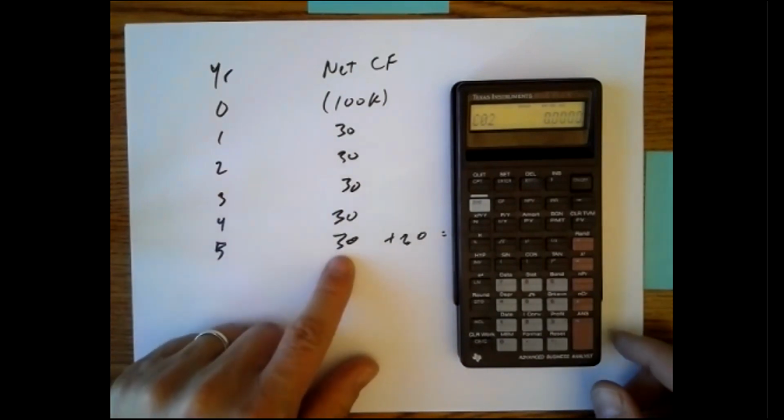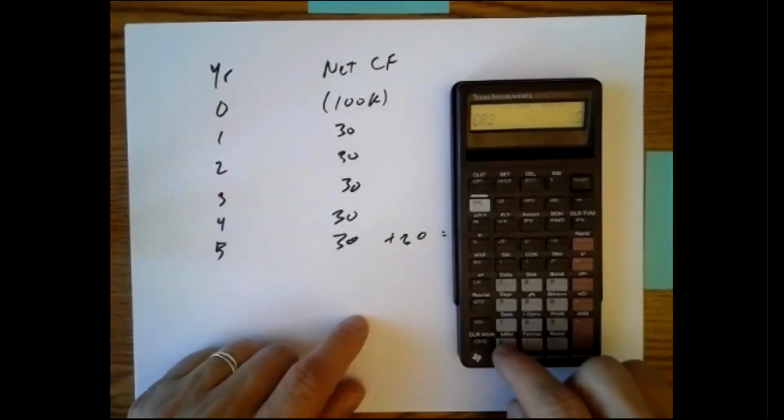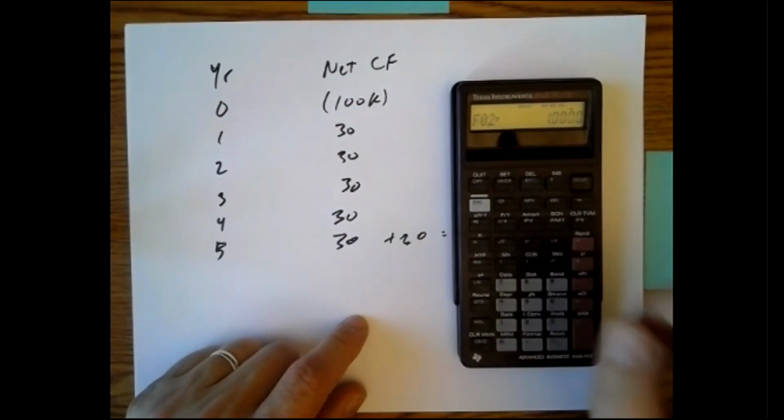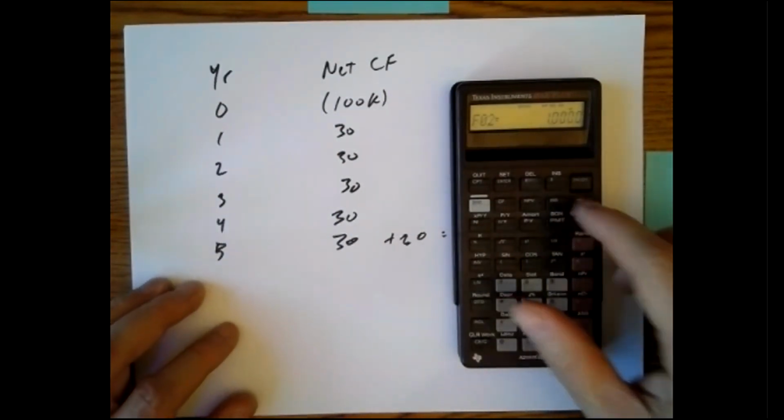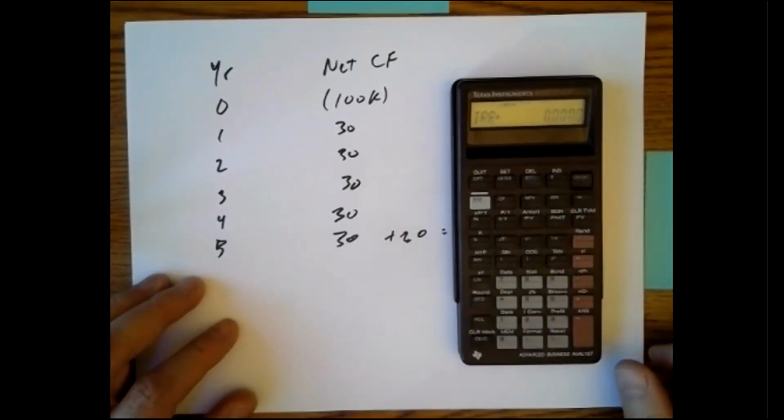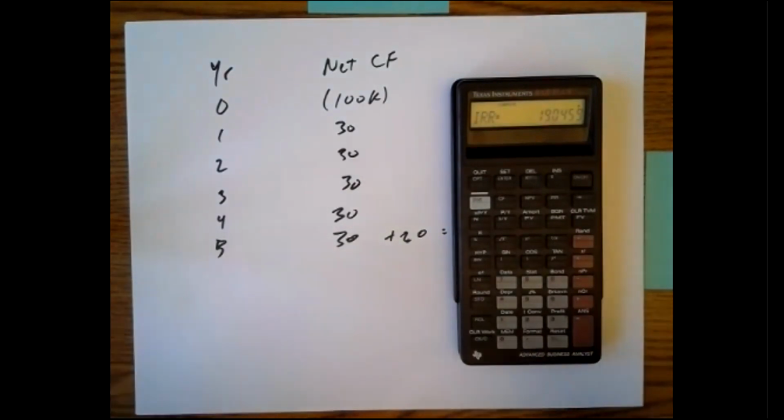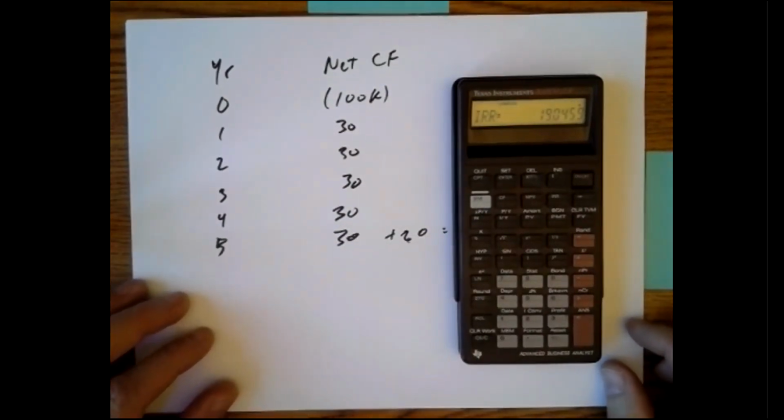Then our C02 is 30 plus 20, which is 50, and we get that 1 time. So then we hit IRR and compute, and we get 19.05 again, right? So the IRR is 19.05. That's 2 different ways to calculate the IRR.